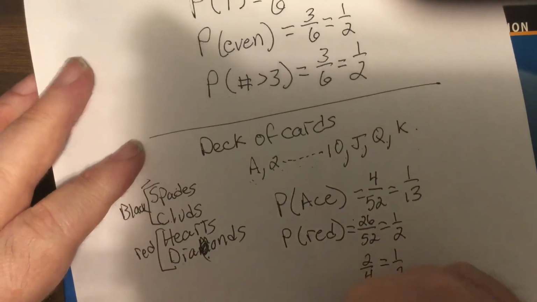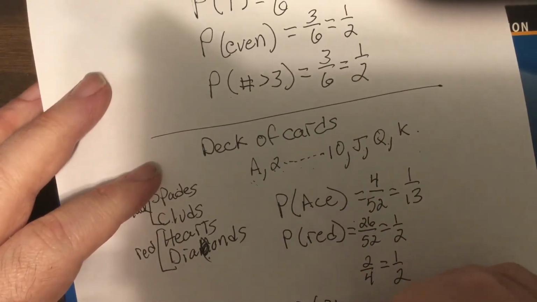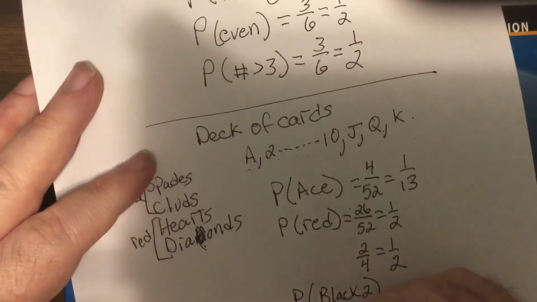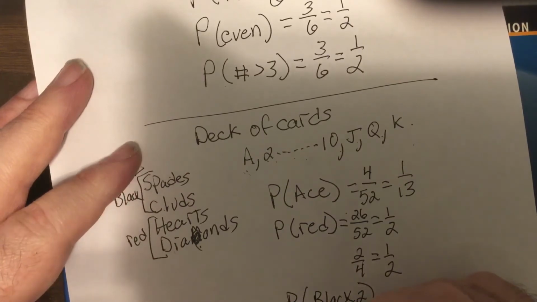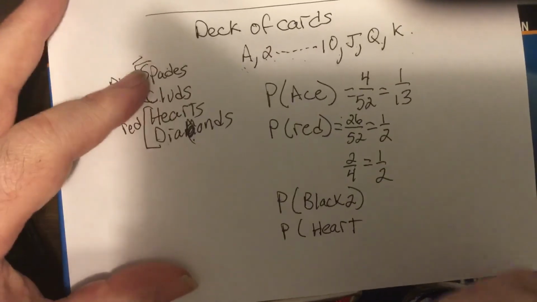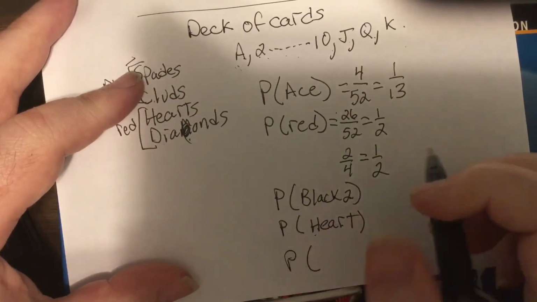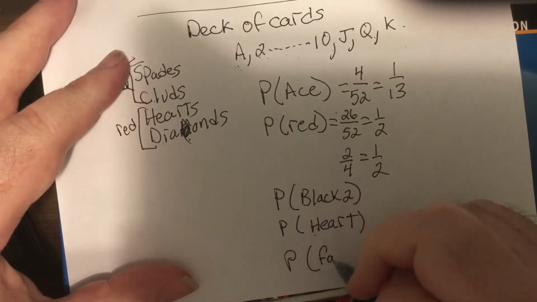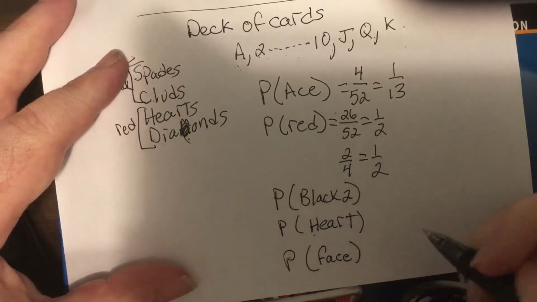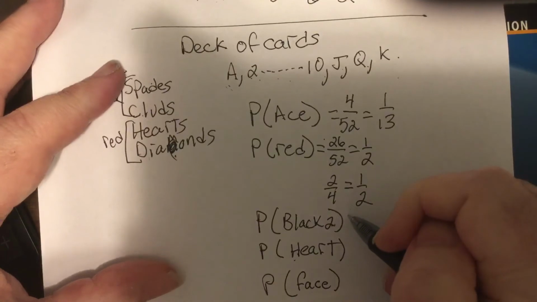So right now, what's the probability of getting a black 2? What's the probability of getting a heart? And what's the probability of getting a face card? That means a card that has a face on it. So freeze it, do those 3, and then come back to me.